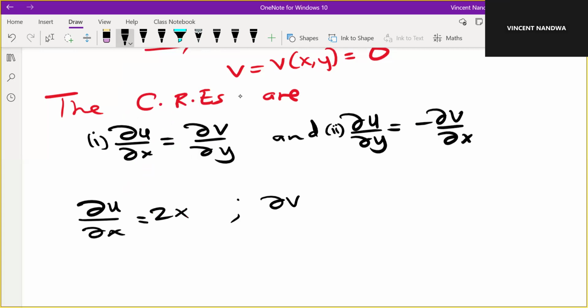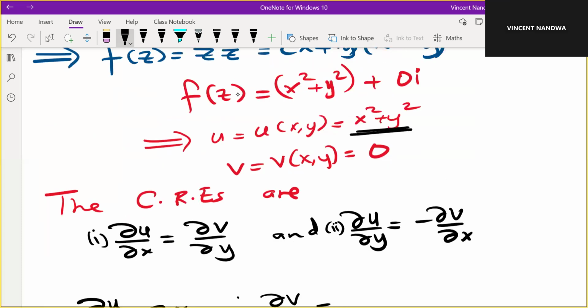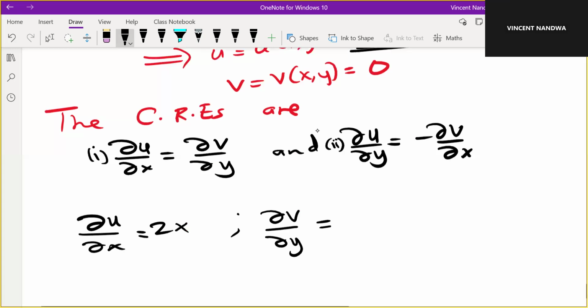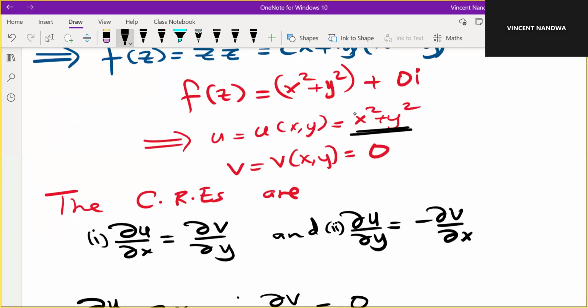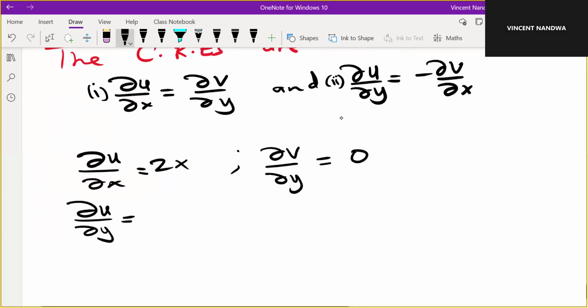And then what is partial v, partial y? 0, because it's just a 0 function. And what is partial u, partial y? 2y. And what is partial v, partial x? 0. Correct.